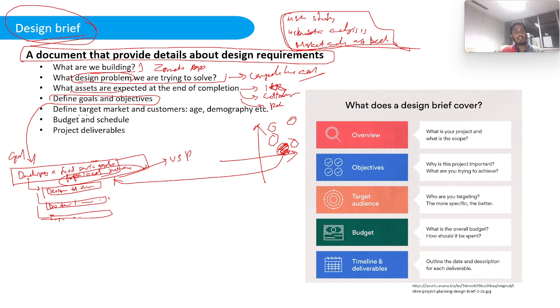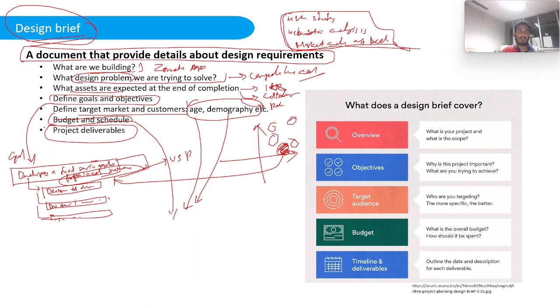Then we need to define the target market: who will be the customer, and what is probably the age and demography, because we need to consider what sort of food profiles and recipes to consider based on the age and demographics. Then the budget: how much budget we have, and also the pricing of your food items or your service. All these things you need to consider. Then project deliverables: what you will be delivering at the end of your design process. So this is what is included in a design brief.